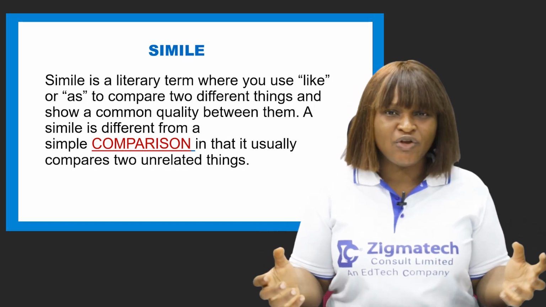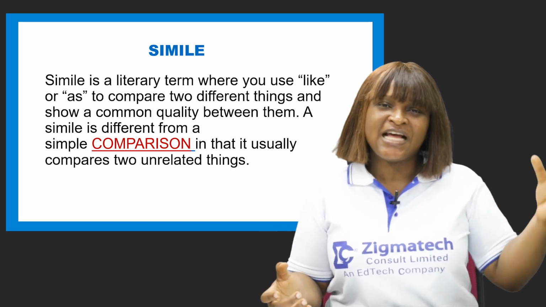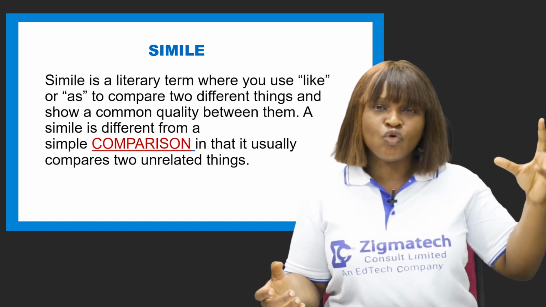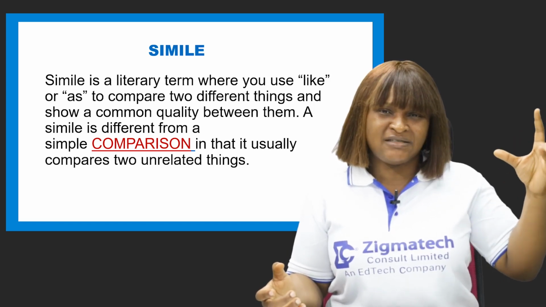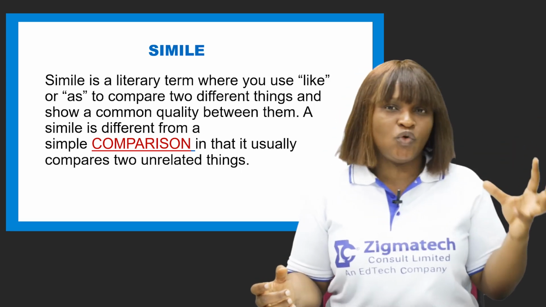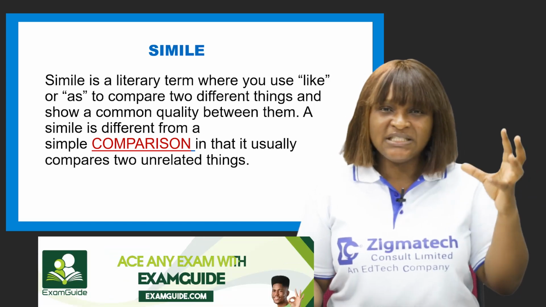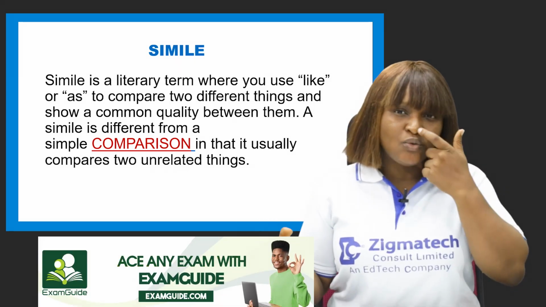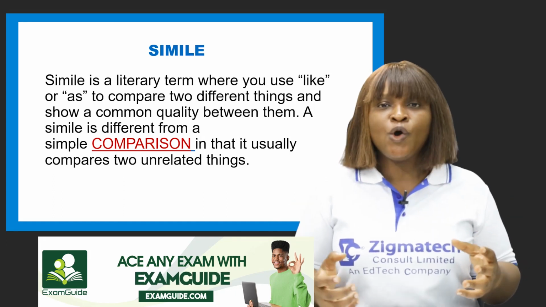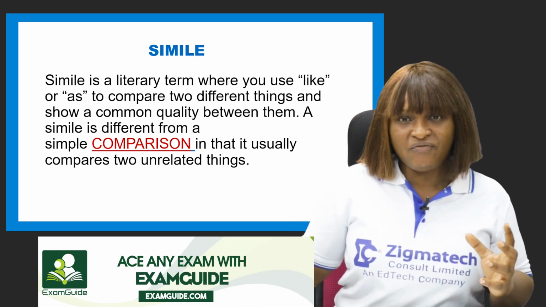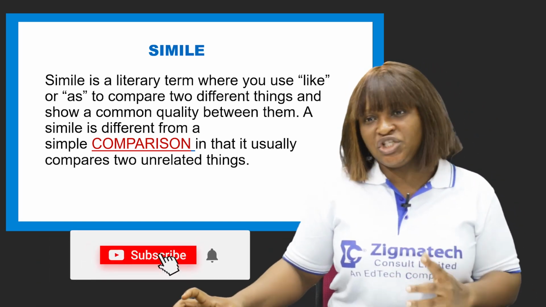You are comparing. You're trying to say that as much as this person is dark, the only thing I can use to compare is her complexion, though complexion has nothing to do with black, but that's what we use. Complexion can either be dark, fair, but we say that she's as black as charcoal. It is just a figurative way of speaking, and that way you compare the complexion of that person to a charcoal.